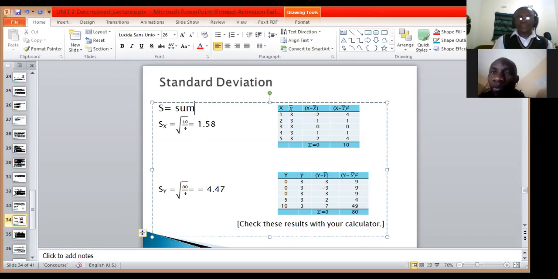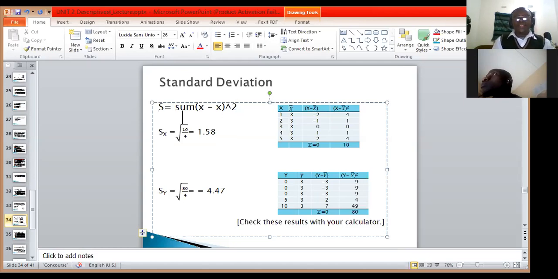We find the sum of X minus X bar, then we square it. Then down here, what we are going to use is n minus 1.